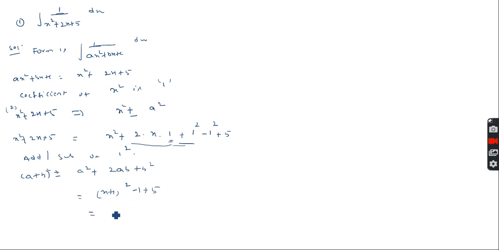Minus 1 plus 5 is 4, so x square plus 2x plus 5 is x plus 1 whole square plus 4, and 4 can be written as 2 square. So this is converted into the form x square plus or minus a square. Step 2 is completed.